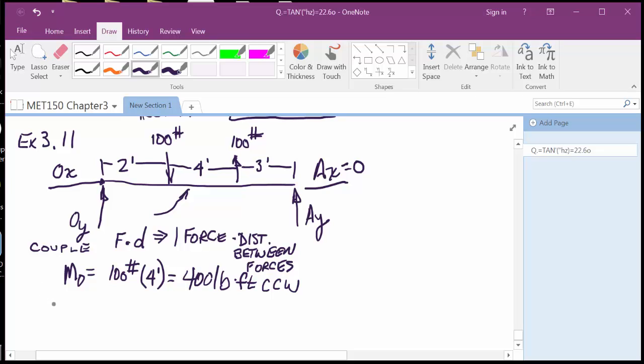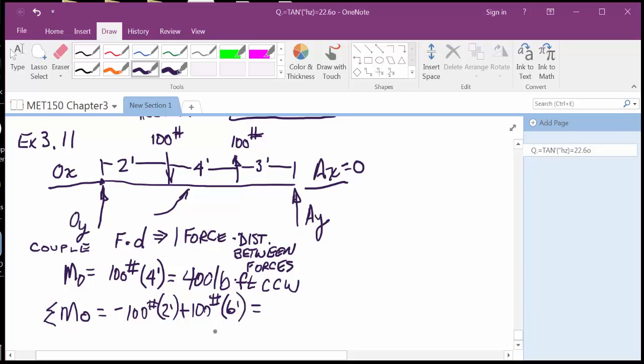Now, you can do the math on that. You can do a summation of the moments relative to O, and it's what? Minus 100 pounds times 2 feet, plus, counterclockwise, 100 pounds times 6 feet.